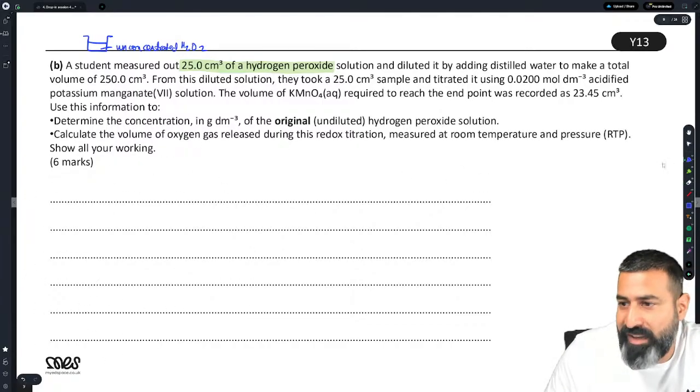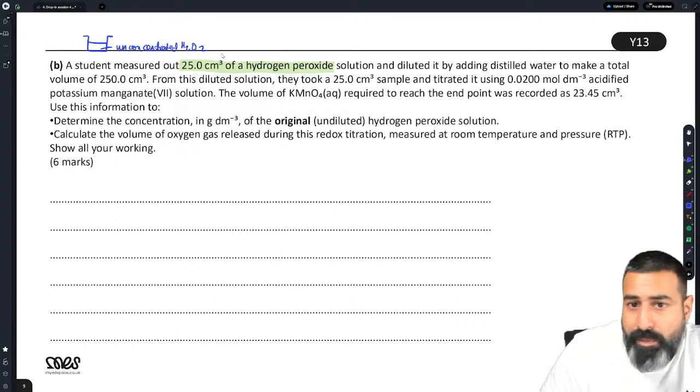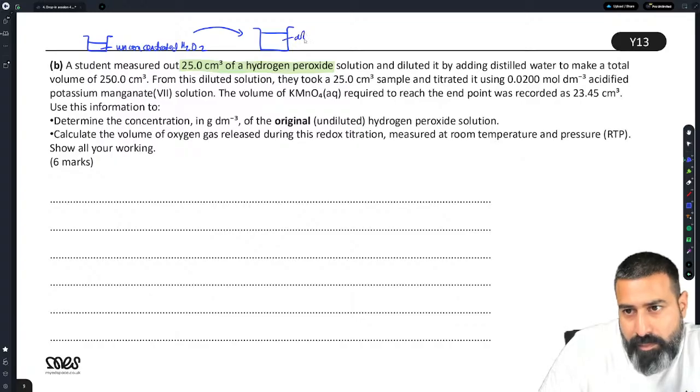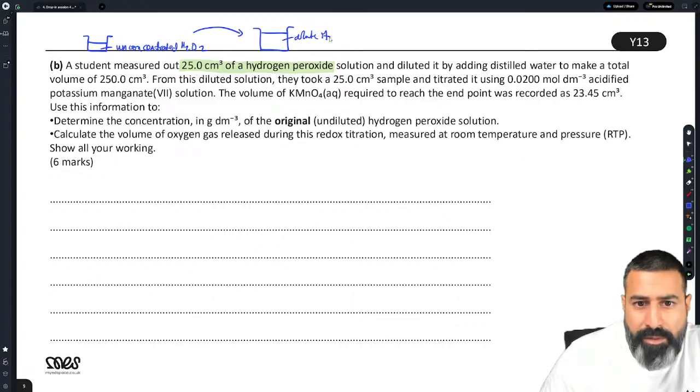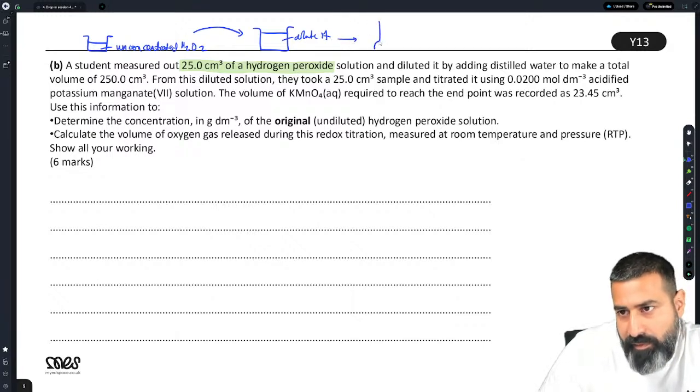I'm not going to use C1V1 and all that jazz, okay? So let's draw a little storyboard. We dilute it by adding distilled water. So we dilute it, so we're reducing its concentration, right? So where do we go next? And we make the volume 250 centimeters cubed.